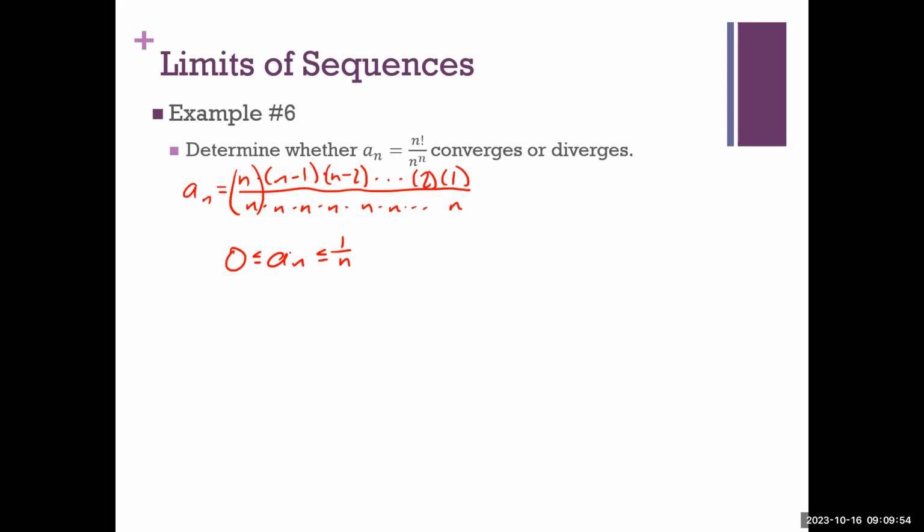So basically what I'm trying to do is find the limit as n goes to infinity of a sub n, which is something I maybe can't do directly. But what the squeeze theorem allows me to do is this. I know this is a sequence that is always smaller than a sub n, and this is a sequence that's always at least as large.